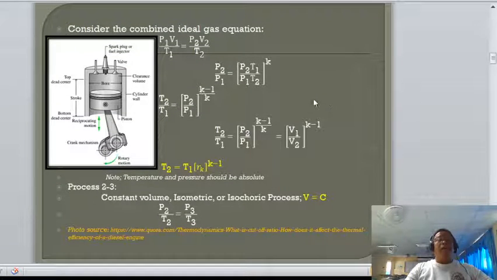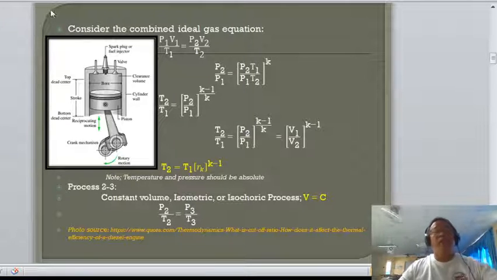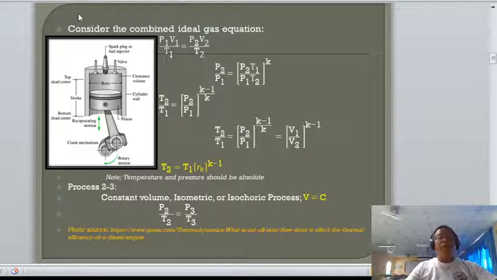Again, considering the ideal gas equation, or the combined ideal gas equation, that is P sub 1, V sub 1 over T sub 1 equals P sub 2, V sub 2 over T sub 2.